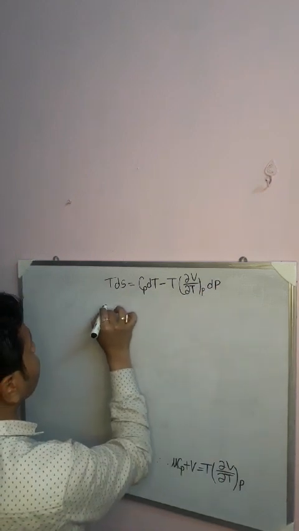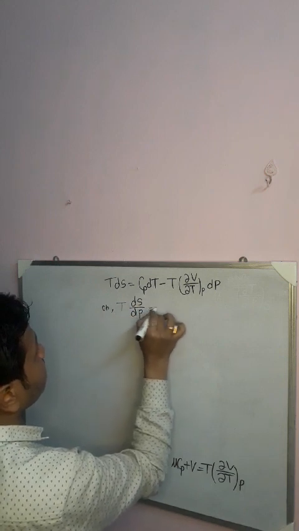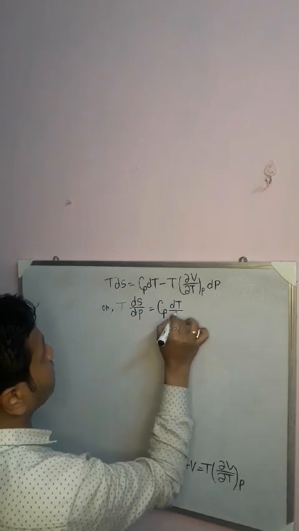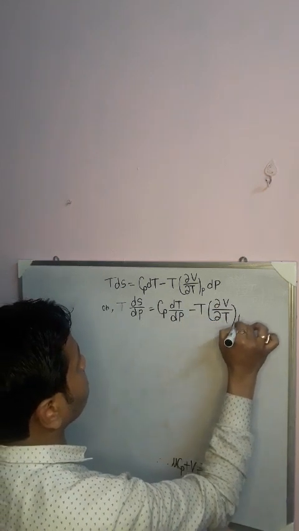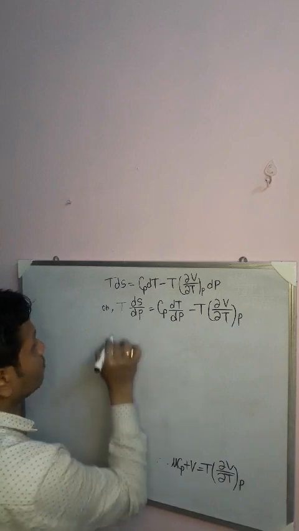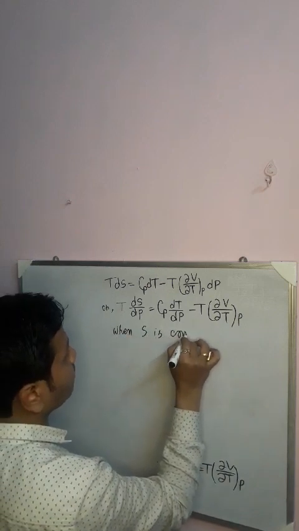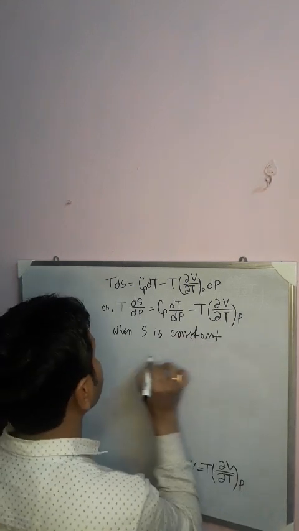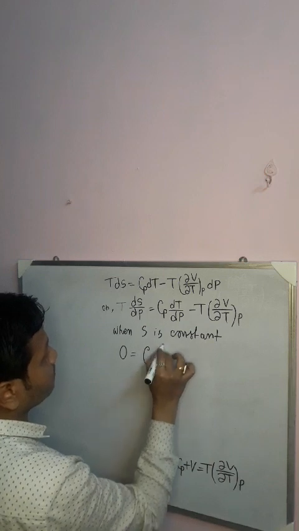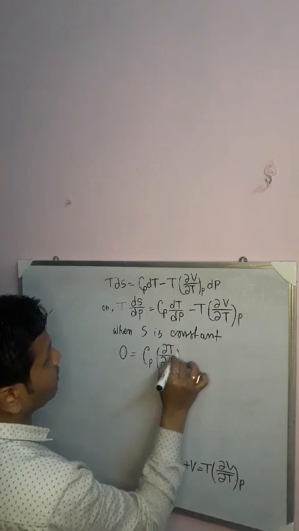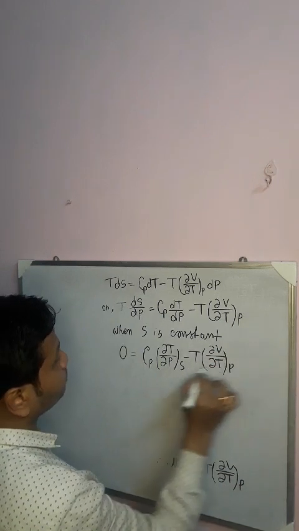If we divide this expression by dP, what we get is T dS by dP equals Cp dT by dP minus T del V del T at constant pressure. Now what happens at constant entropy? When S is constant, this term will be 0, and we can write this as del T del P at constant S, minus T del V del T at constant P.